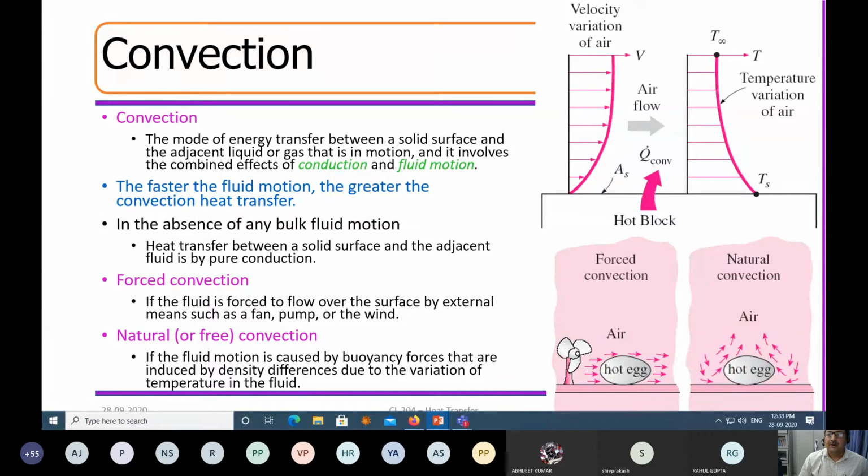Of course, this hot block will lose its temperature over a period of time. However, if I blow air on top of it, there is a chance of faster cooling. So the flow of the fluid surrounding a solid medium has some influence on the rate of heat transfer. And that part which is controlled by the flow is called convection.